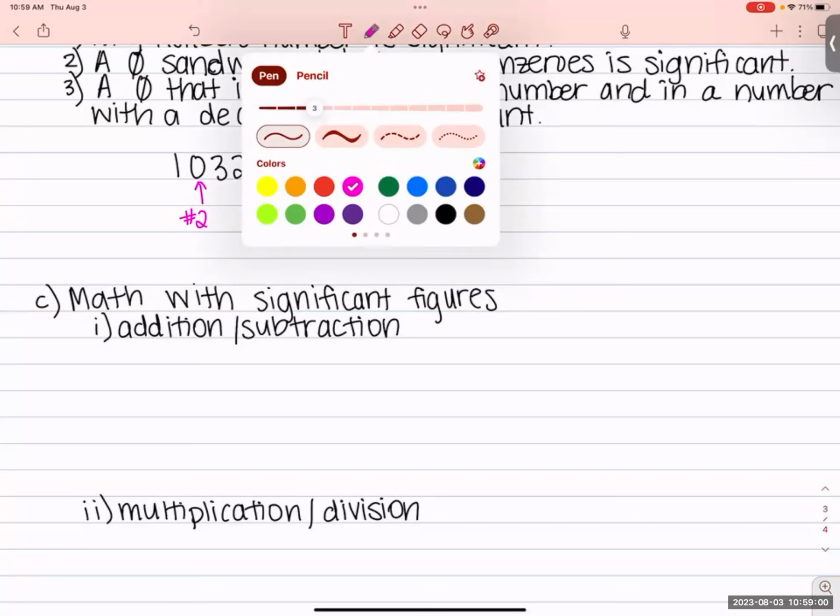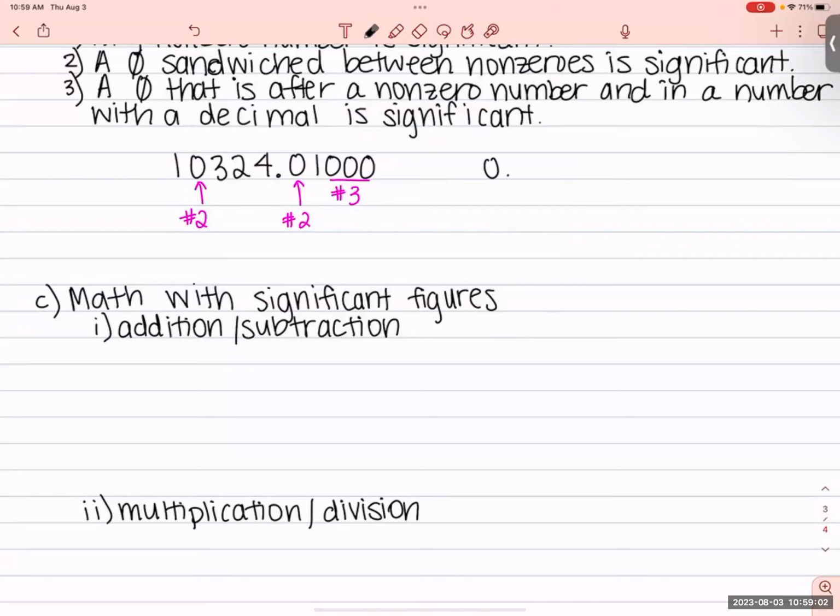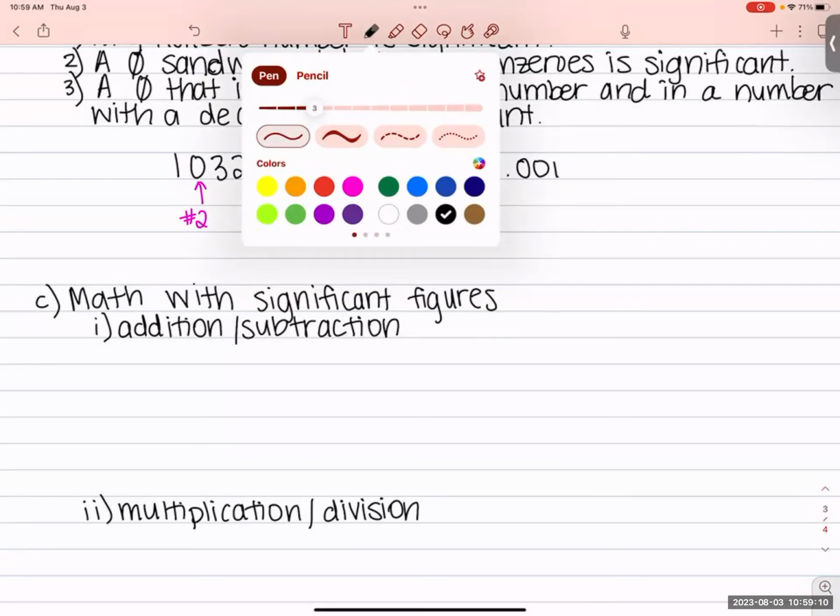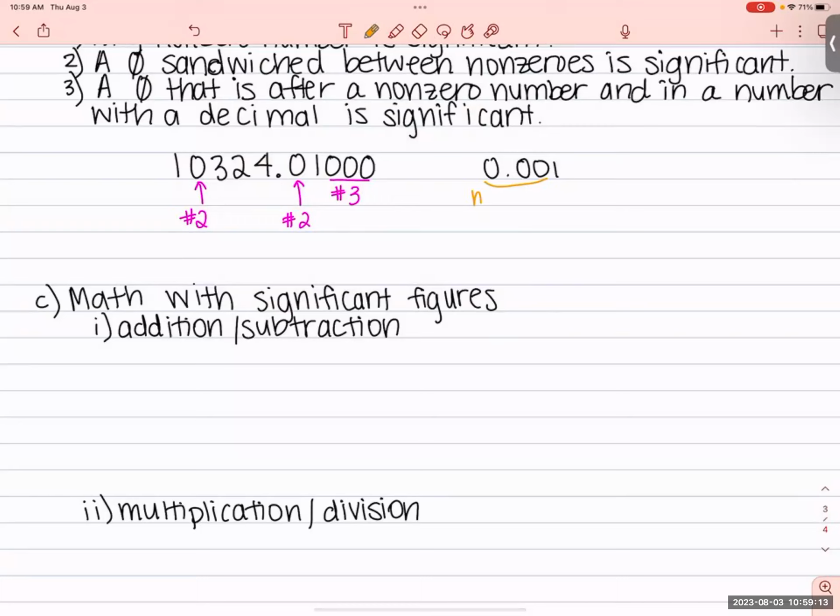It's non-zero. Now let's look at some zeros that are not significant. These zeros are not significant. They are not sandwiches. They do not come after the non-zero number, even though there's a decimal here. Now, if there are zeros after, these zeros are significant because they come after the non-zero number.